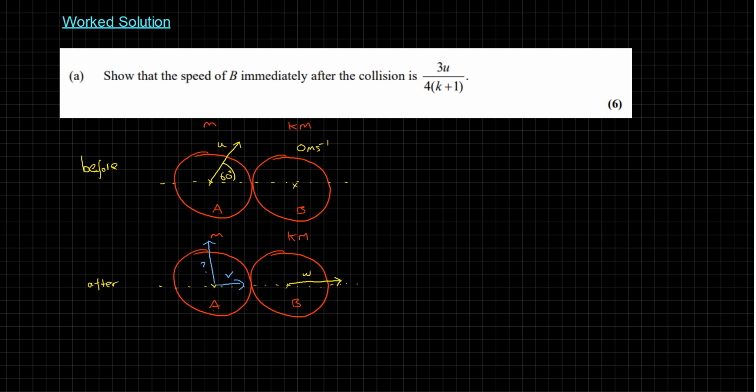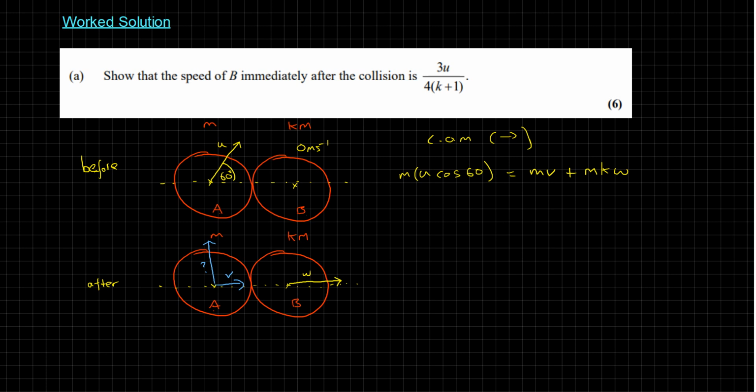So in the horizontal situation, let's consider conservation of momentum horizontally. We've got u cos 60 times mass m, and adding that to, well, in this case 0, and that's going to be equal to, and now we can just use v directly because we're looking at horizontal, mv plus mkw.